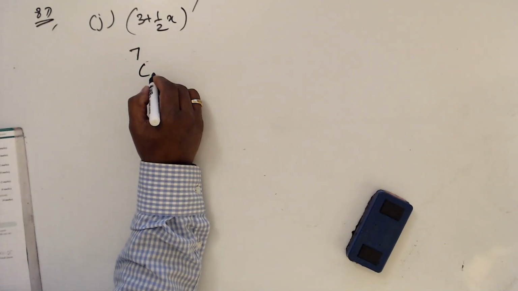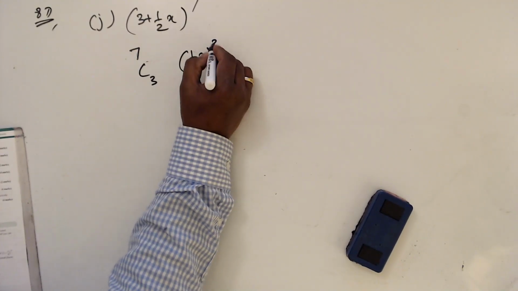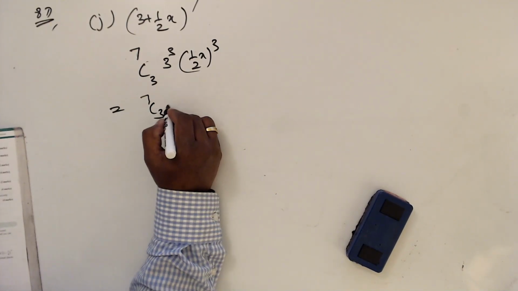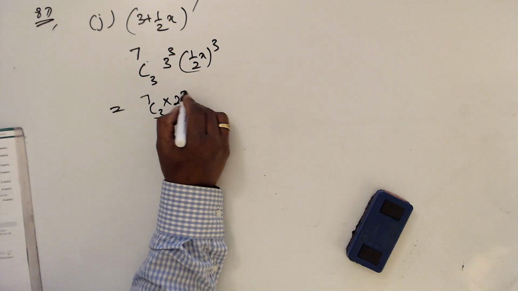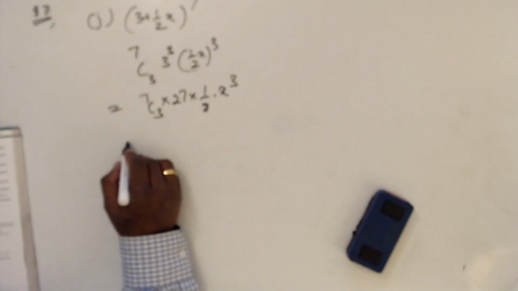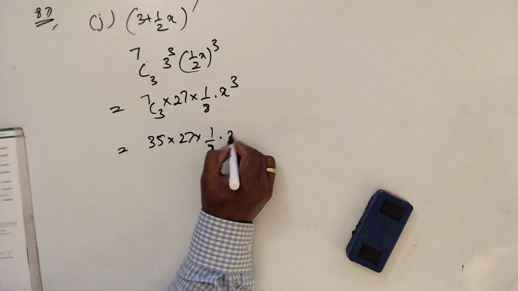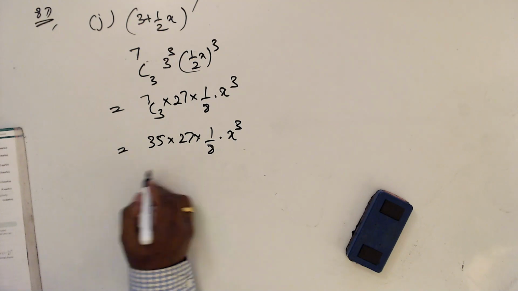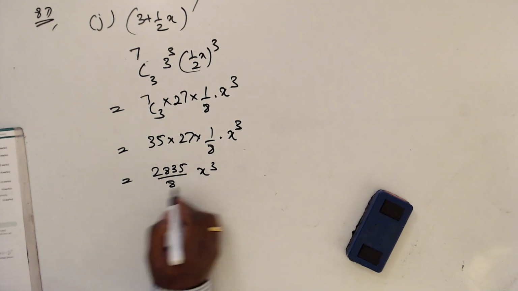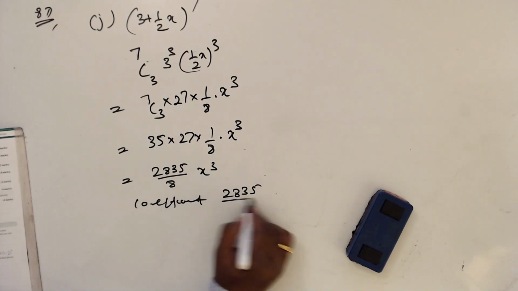7c3, half x times 3 and 3 cubed. So 7c3 is 35 times 27 times 1 over 8 x cubed. Coefficient, 28358.